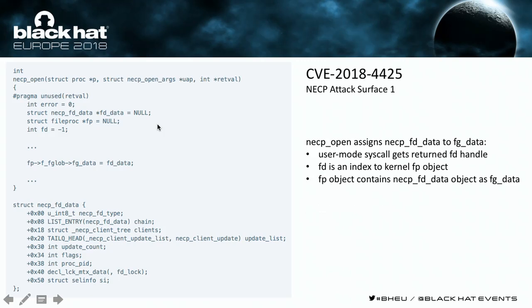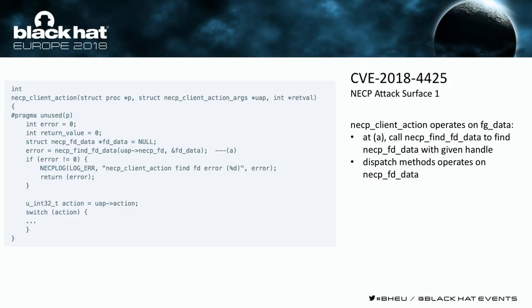Okay, let's see NECP open. It will allocate a kernel object, NECP FD data. The structure is as follows. It will store the buffer in fg_data in fp. Then it will return the handle back to user mode. The user mode application can then call NECP client action with the provided handle.